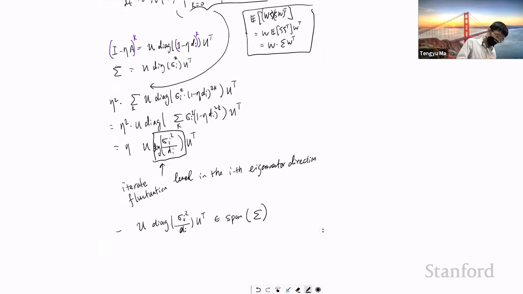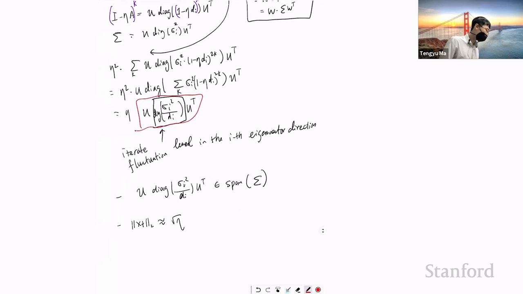And another thing: if you think about the rough size of x_t, just look at the norm of x_t. This is on the order of square root eta, because this quantity doesn't depend on eta. So if you only look at the eta dependency, then the norm of the fluctuation in the iterate will be on the order of square root eta, and this is probably good to remember for the future as well.